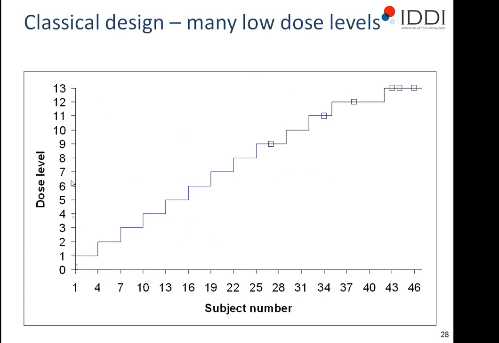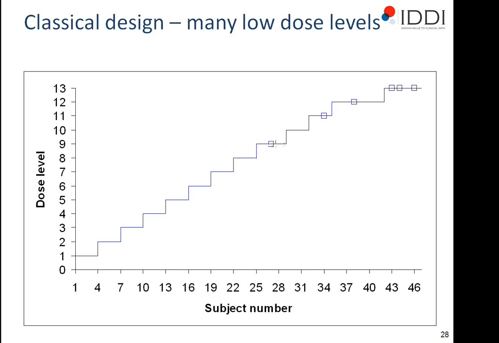So this is an example of a classical design. As you can see, there are 13 doses which might be used in this design, and you see that it may take you a lot of time before you reach the level where some toxicities, indicated by the squares, are appearing. This essentially means that you reach the level where toxicity may appear only by, for instance, in this case, the 25th patient.